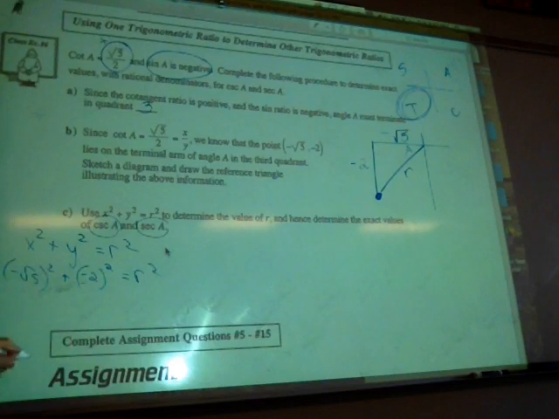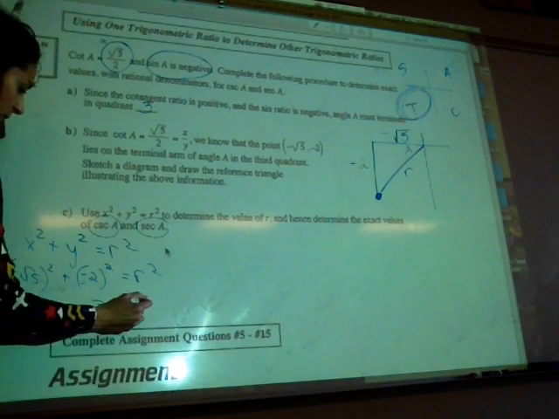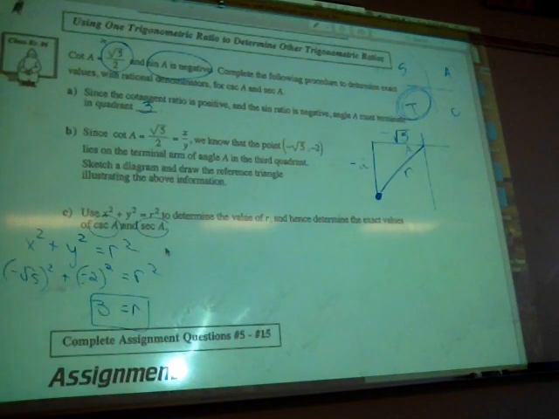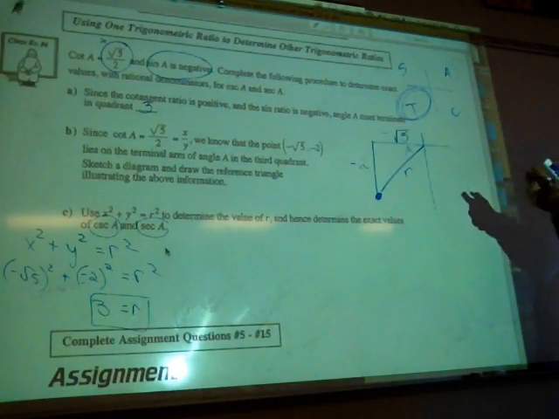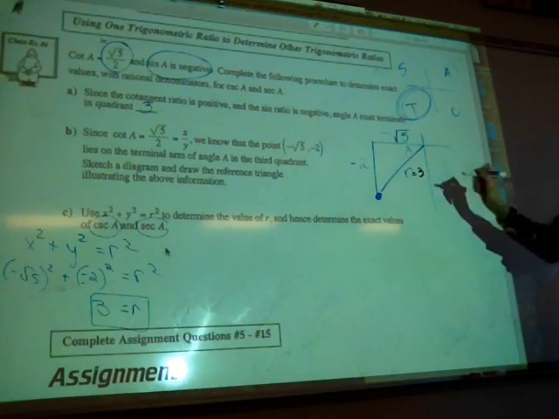Let's calculate this. So I get positive 5 plus 4 is 9. The square root of 9 is 3. So my radius is equal to 3. And if you want, you can label that on your picture.